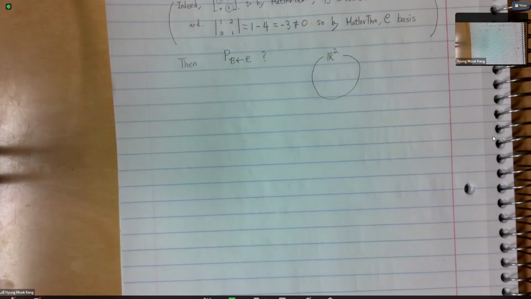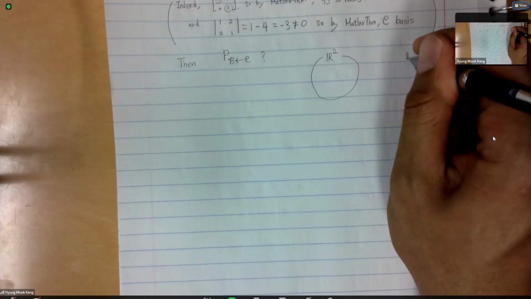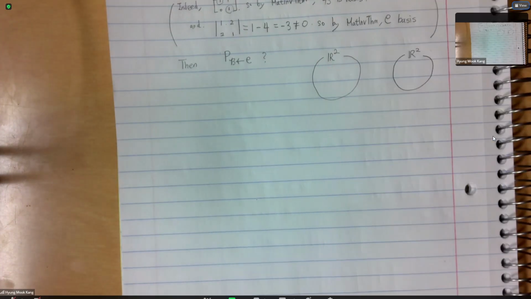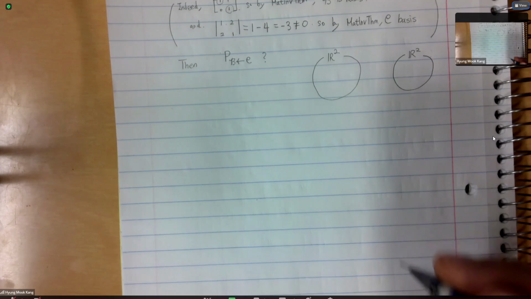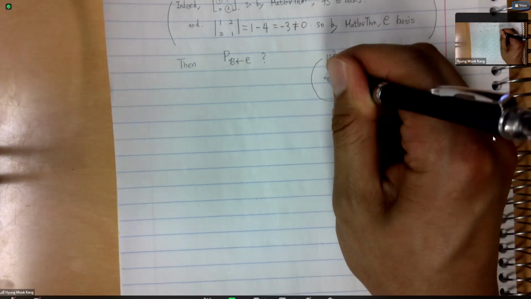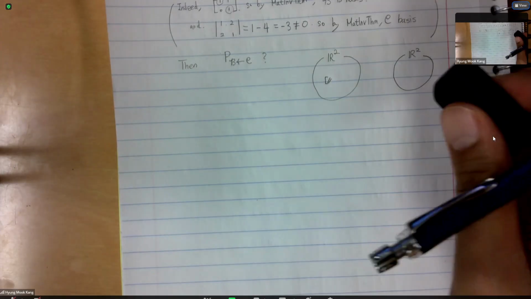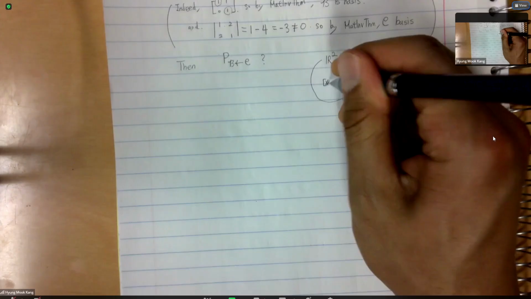We got R2. I'm going to draw it as a diagram. R2 as well. We're going to have this vector. Let's say vector X, but it should have a coordinate vector relative to C because C is a basis.